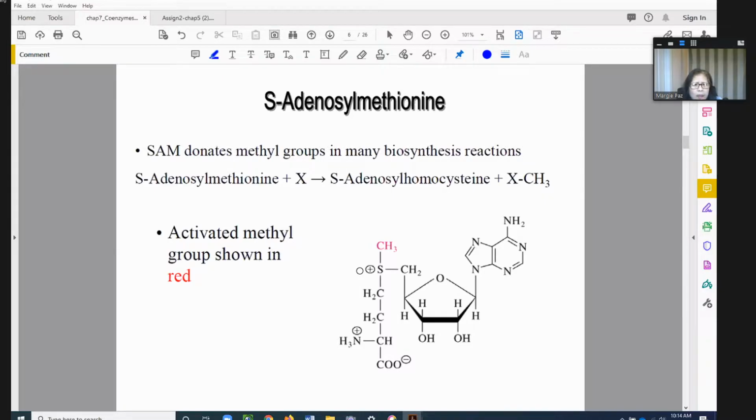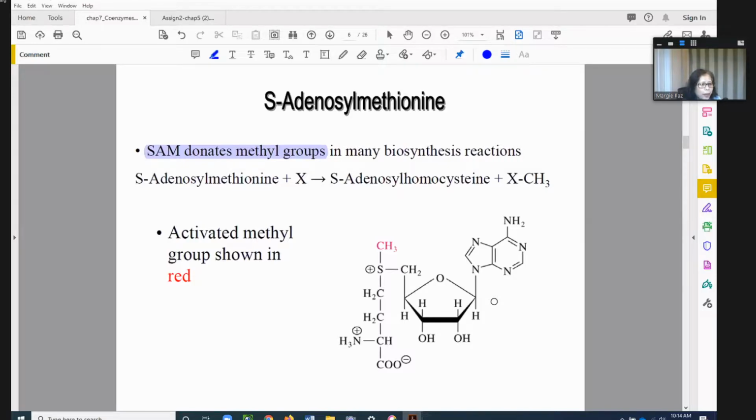Now, what is the role of S-adenosyl methionine in biosynthetic reactions? SAM donates methyl groups in many biosynthetic reactions. Actually, S-adenosyl methionine is the donor of virtually all the methyl groups in biosynthetic reactions.